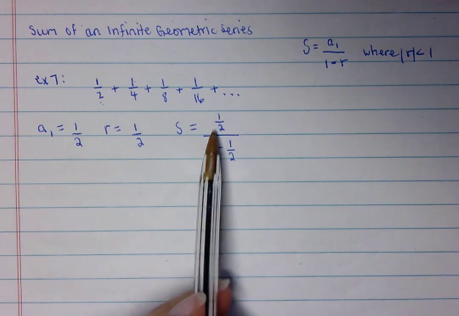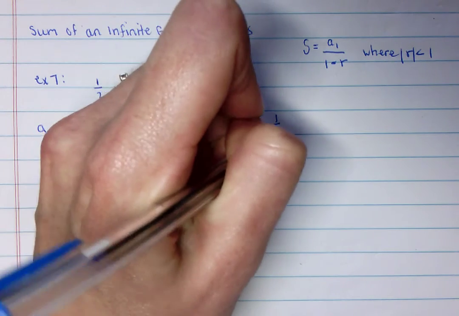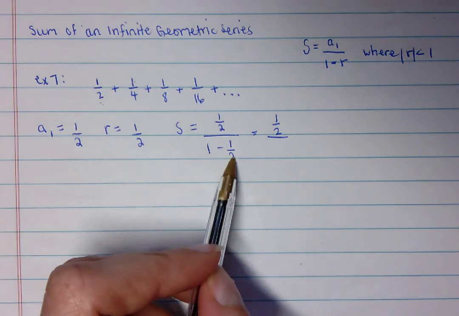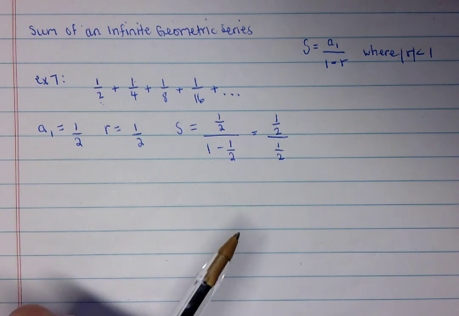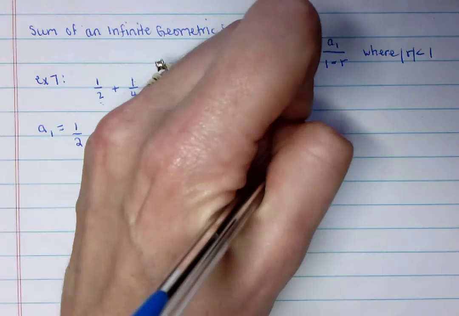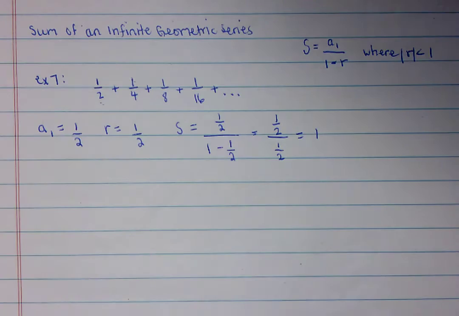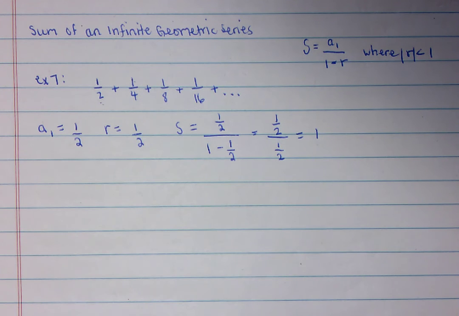So this would be 1/2 divided by 1 whole minus 1/2, which is 1/2. You could get a common denominator for that if you needed to. 1/2 divided by 1/2 is 1. Anything divided by itself is 1. So this sum is 1 when you add it all up, this infinite sum.